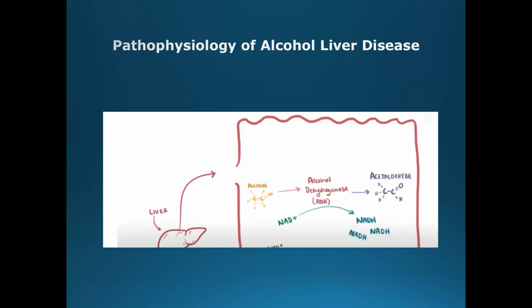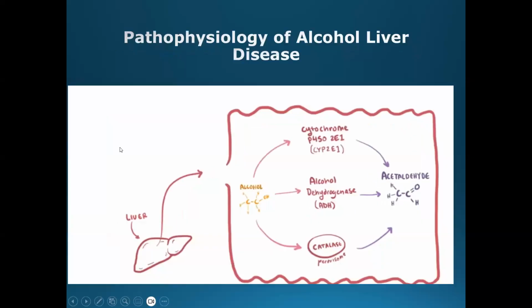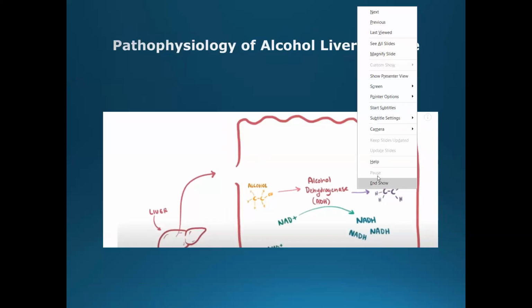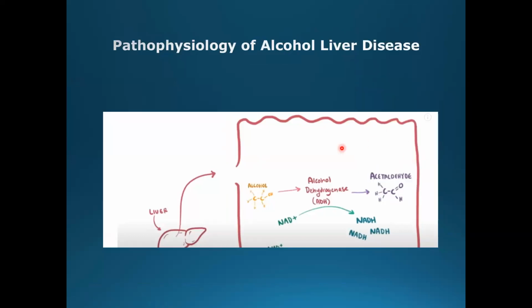All right, so now you see that in the middle reaction right here, with the alcohol dehydrogenase, the alcohol dehydrogenase uses NAD as a cofactor, a coenzyme, to produce the acetaldehyde. Do you guys know anything about the NAD?